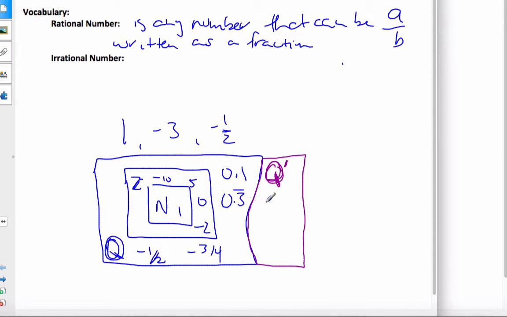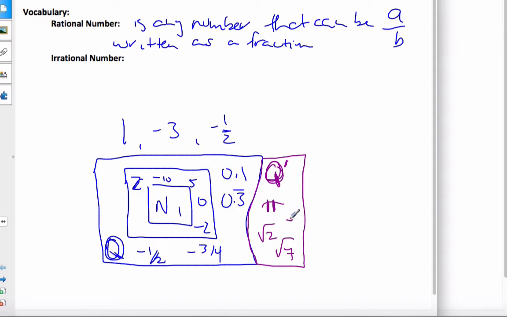The most famous one that you know is pi. It is approximately 22/7, but does not equal pi. It's a good approximation. 3.14 does not equal pi. It's an approximation. So this is the most famous irrational number. But if I have square root 2, that's irrational. Square root of 7, irrational.